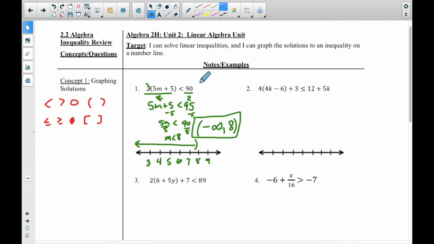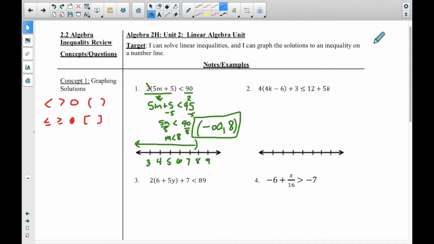Okay, one thing to point out is on number 1, I could divide by 2 because that's all that was going on the left. I could divide by 4, but not yet, because first I have to move that 3. And if I divided by 4 and I didn't move the 3 first, I would mess things up.